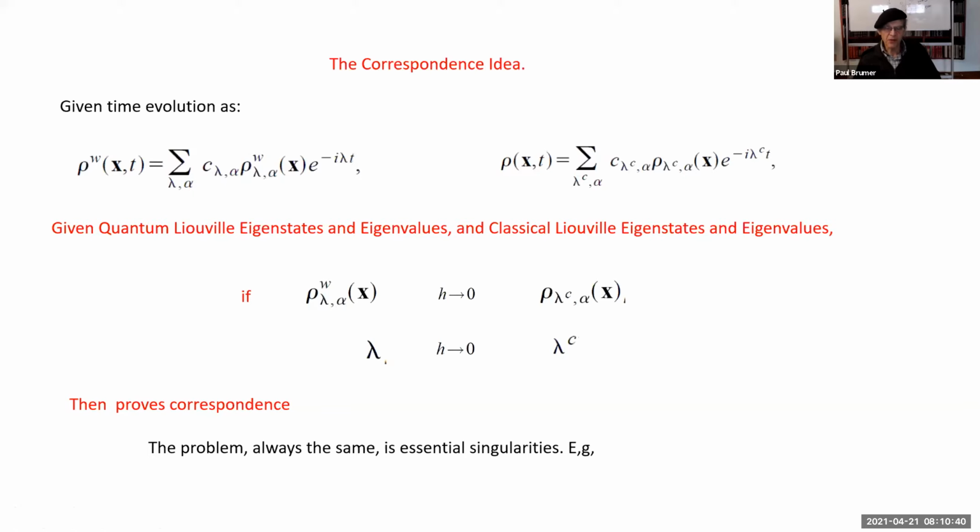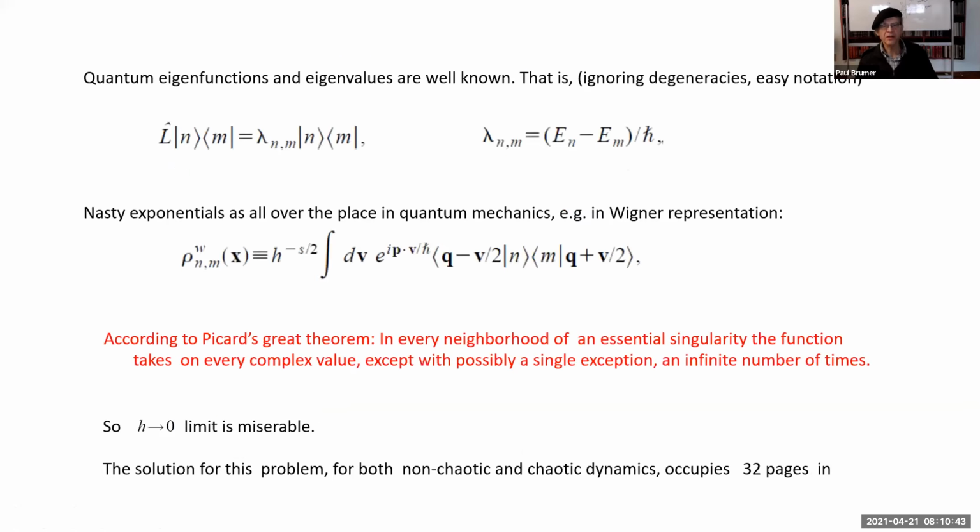The problem is always the same. It's essential singularities. So let me just remind you about essential singularities and why this is a miserable problem. If you look at any of these quantities in quantum mechanics, go back to the eigenfunctions of the Liouville operator written in this simplified way, and look, for example, at the Wigner representation, though it doesn't have to be the Wigner representation, you can see it in all sorts of places.